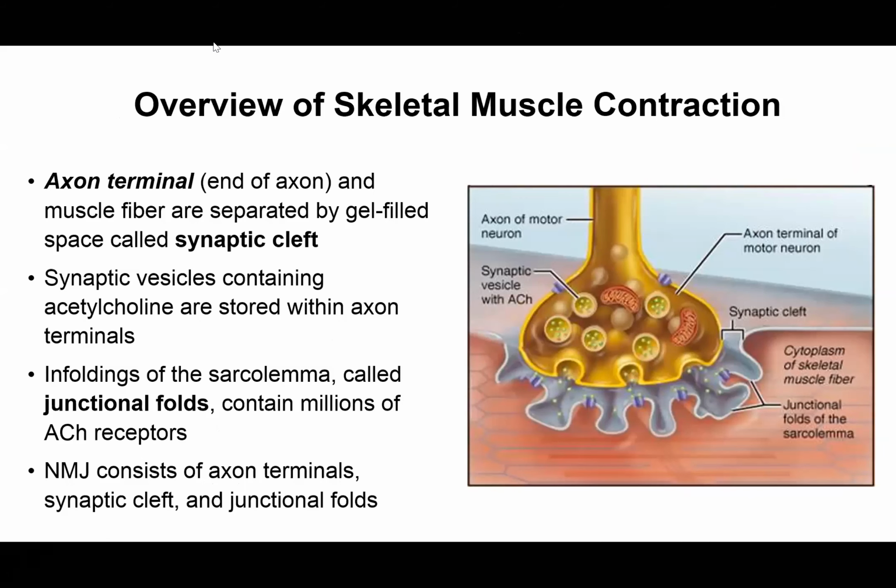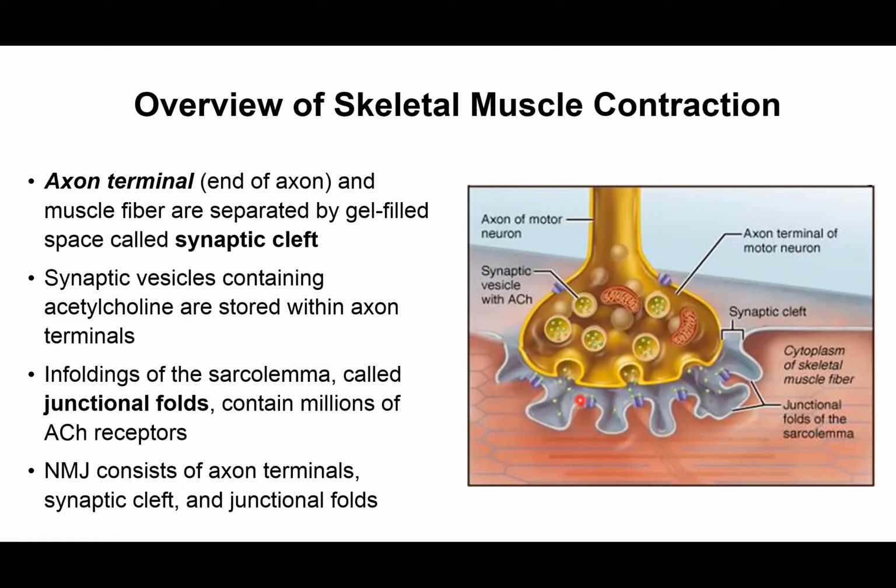All right, so this is just reiterating kind of what I was just talking about, but let's break it down a little bit even more. So the axon terminal, which is basically the end of the axon, and the muscle fiber are separated by this gel-filled space that you see in gray here, and this space is called the synaptic cleft.